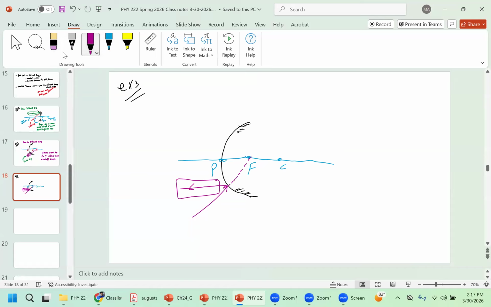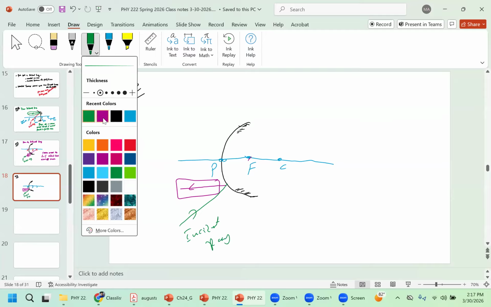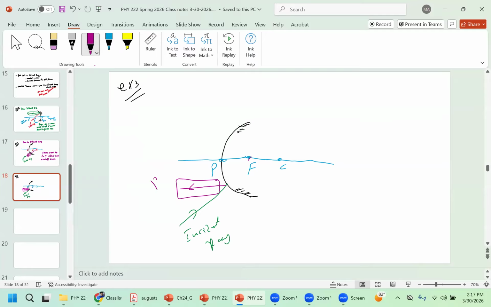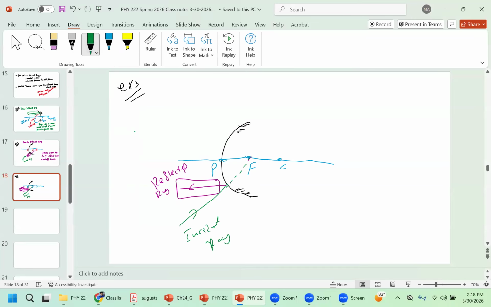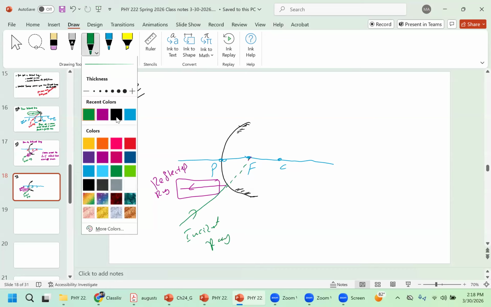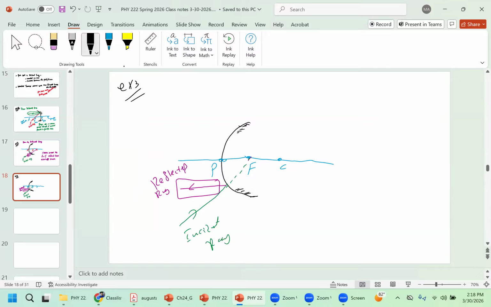Let me draw this in a different color. So basically, this is a convex mirror. Forgot to write the question.